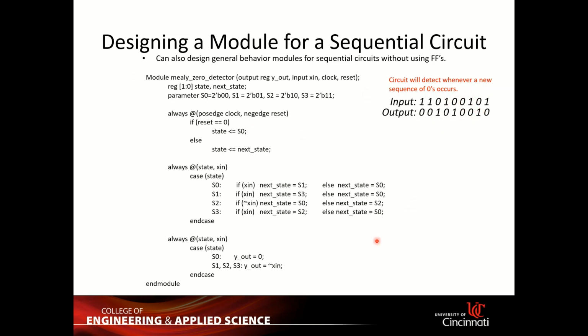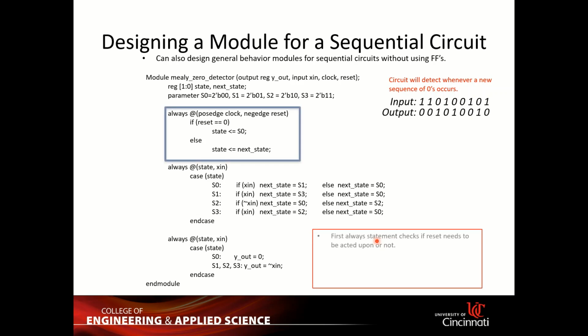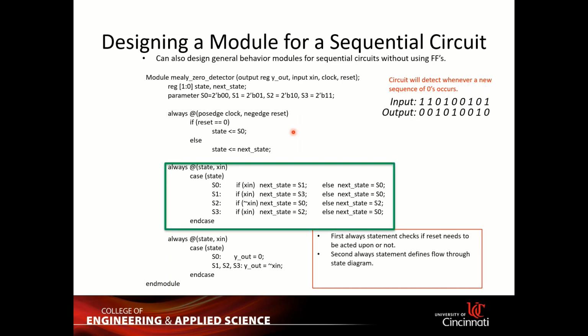So here's the code, and let's quickly go through this. There are 3 times that we use the always statement in this code. The first always statement is to check the clock stage and the reset. The second always statement is to describe the state transition.